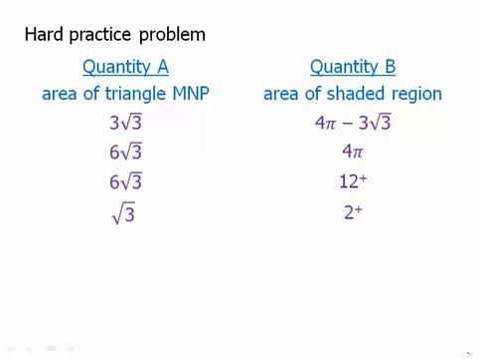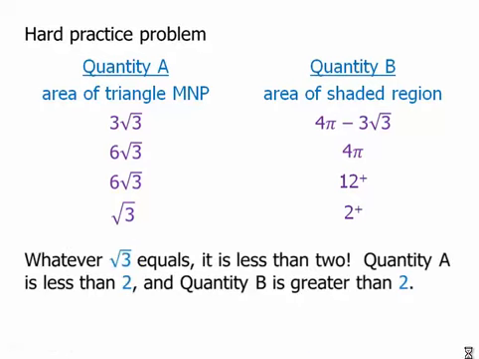So now we'll get root 3 and something slightly bigger than 2. Well, now we can do the comparison very easily, because whatever value root 3 has, clearly root 3, the square root of 3, is between 1 and 2. So it is less than 2, and quantity A is less than 2, and quantity B is greater than 2, and so that means that quantity B is definitively bigger.